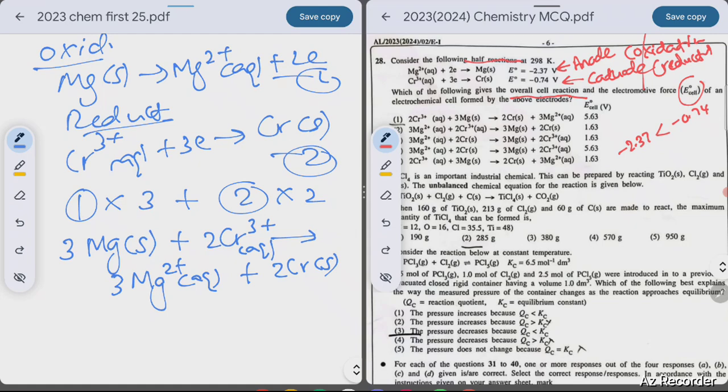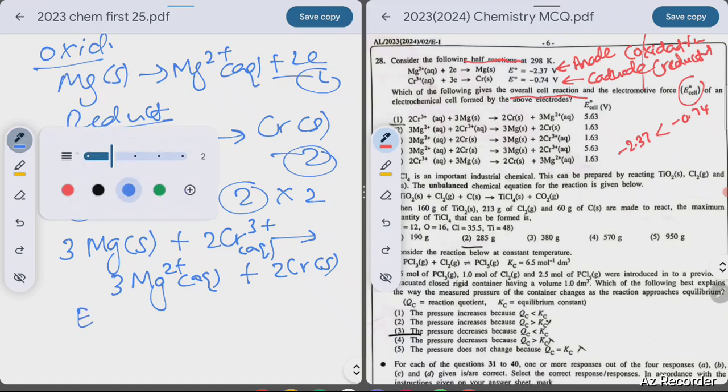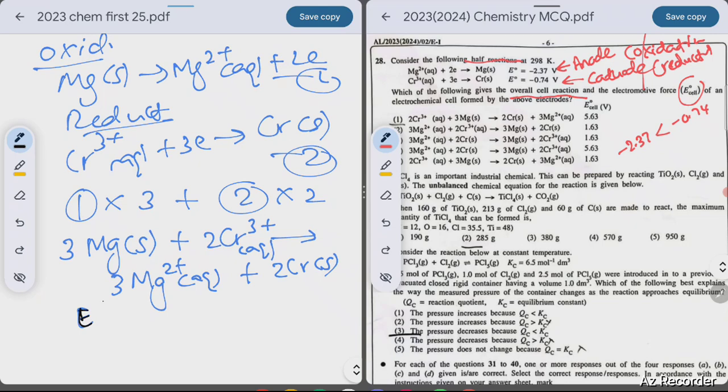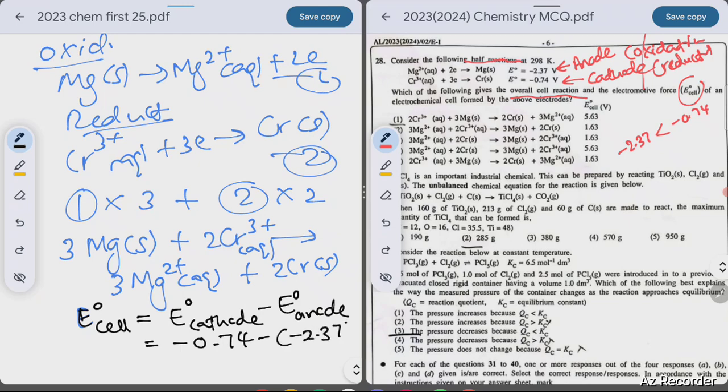And if we calculate the E naught cell, how do you find it? E naught cell equals E naught cathode minus E naught anode. So the cathode is minus 0.74 and the anode is minus 2.37 volt, right? So 2.37 minus 0.74 is plus 1.63 volt.